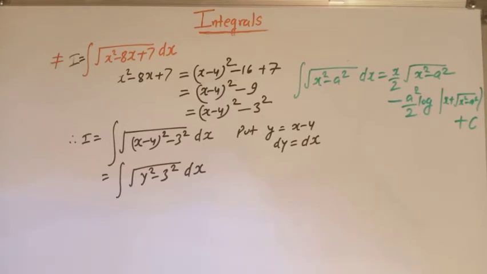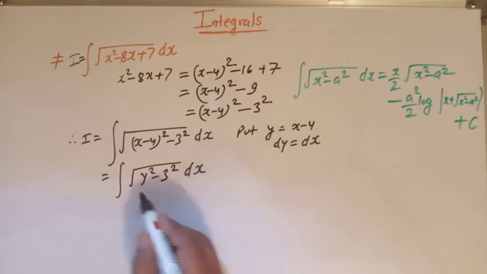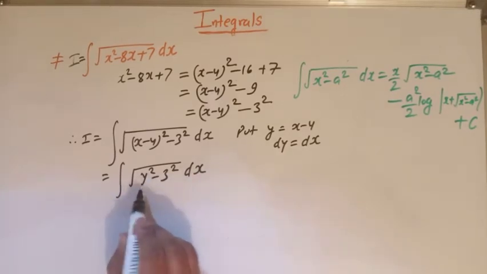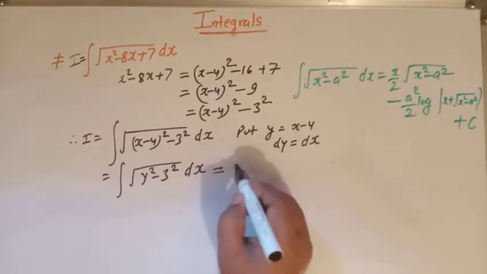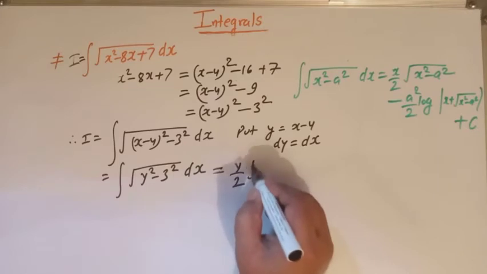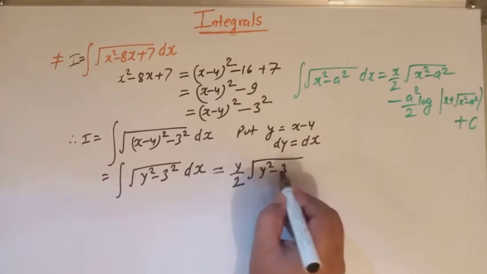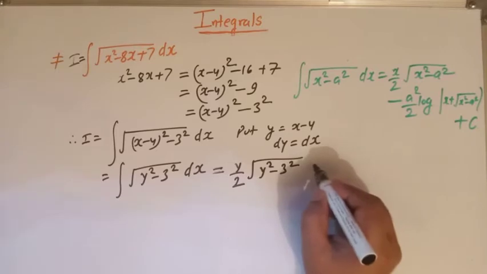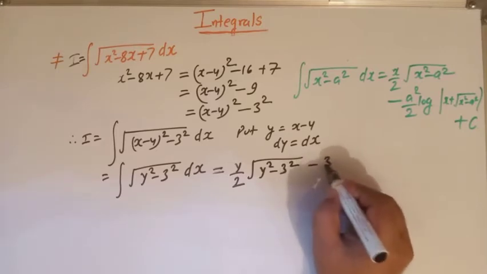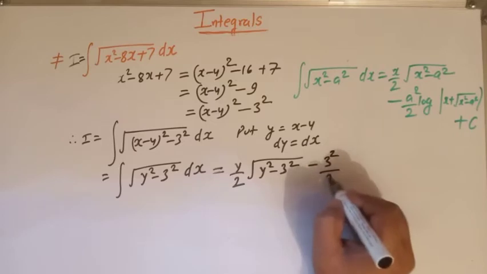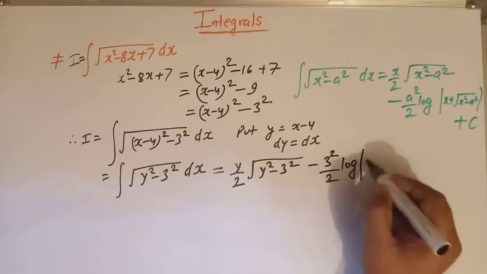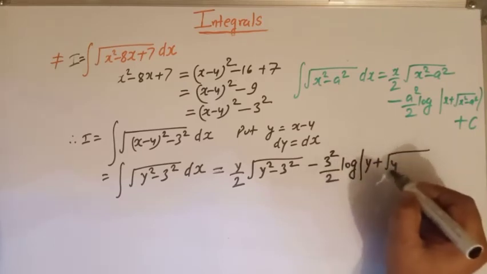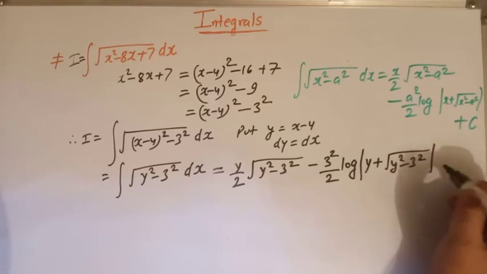Okay. Now we are applying this formula to this integral. We can write x over 2, meaning we have to write y over 2, then the square root of y square minus 3 square, minus 3 square over 2 log of y plus the square root of y square minus 3 square, plus c.